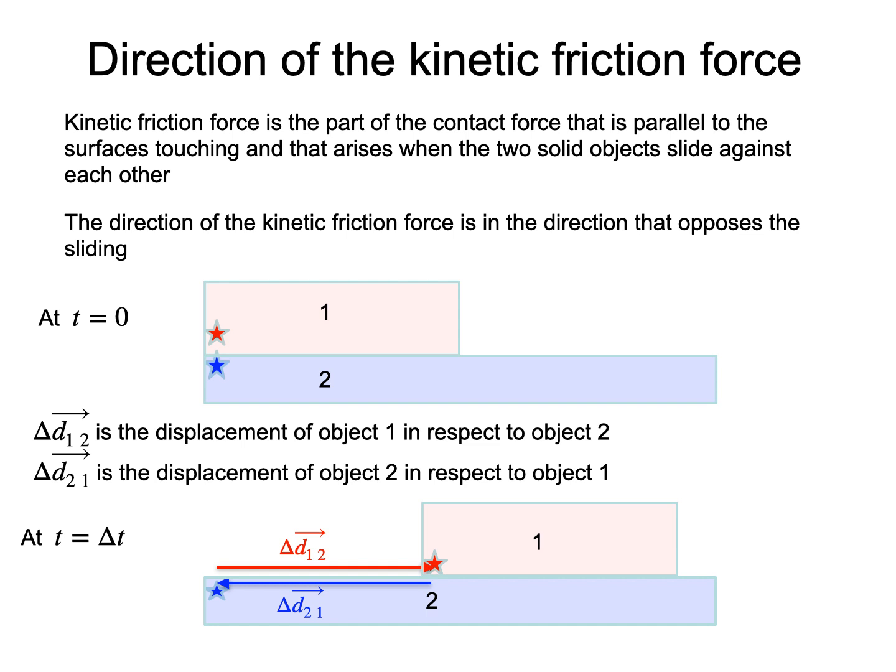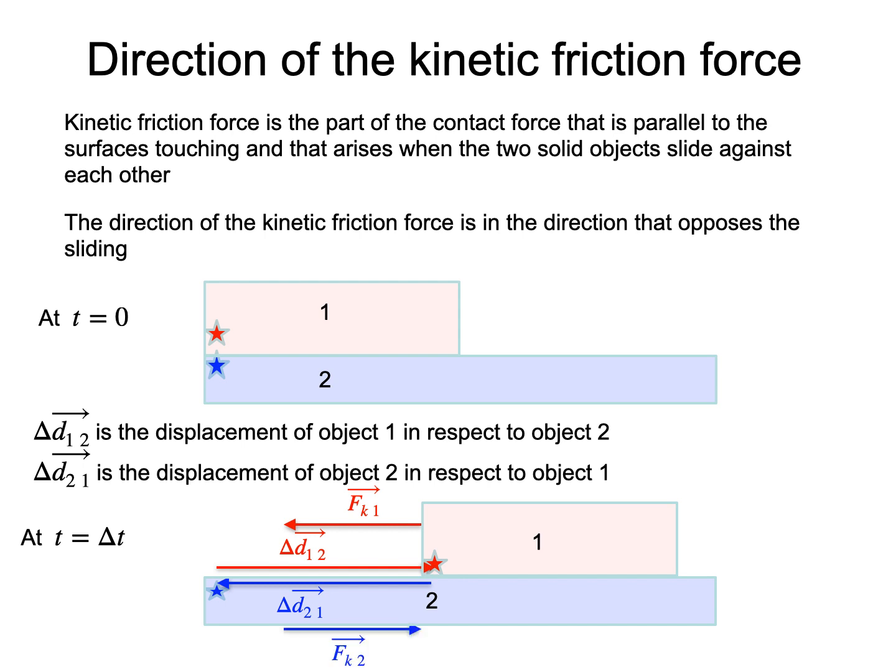The kinetic friction force exerted by object 2 on object 1 is in the opposite direction to the sliding of object 1. So here, Fk1 is pointing to the left. Similarly, the kinetic friction force exerted by object 1 on object 2 is in the opposite direction to the sliding of object 2.